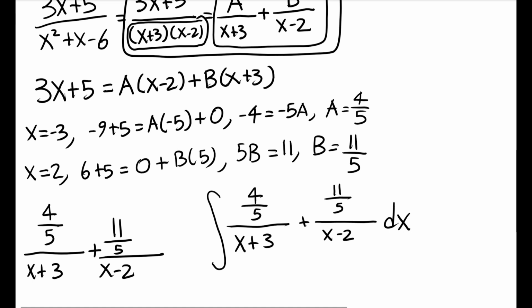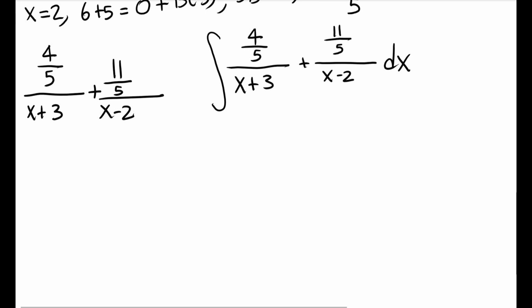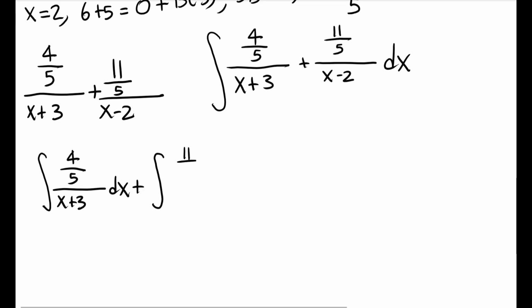And the beauty of integrals is that you can turn this into two separate integrals: the integral of 4/5 over x plus 3 dx, plus the integral of 11/5 over x minus 2 dx. And these two separate integrals are pretty simple to solve.